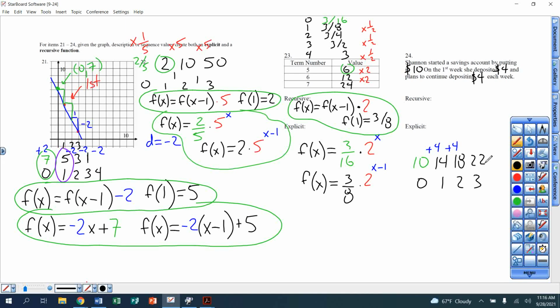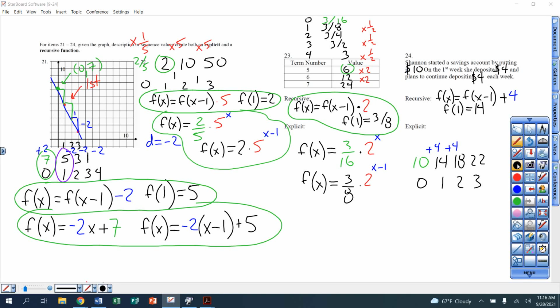If I was to write this in recursive, plus 4. Get in the habit of writing that first term. For this one a little harder. The first term is 14. $10 in that bank, $4 after the first week.